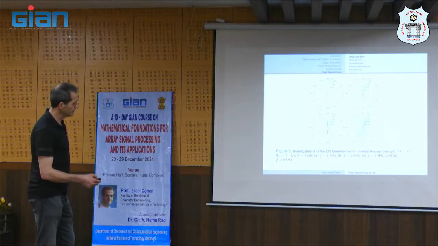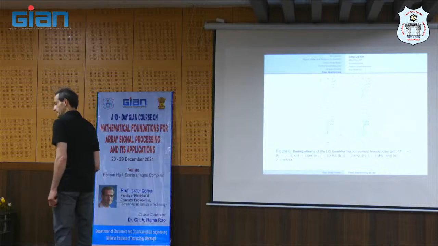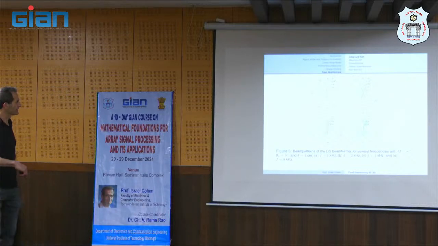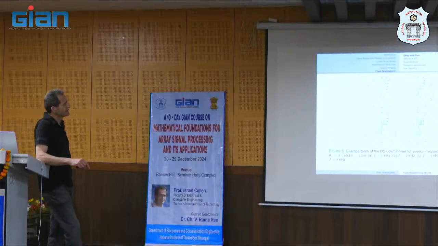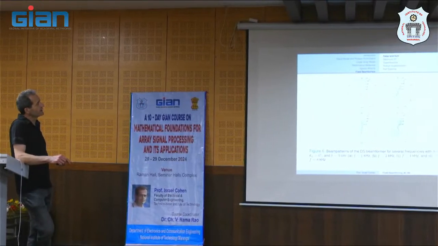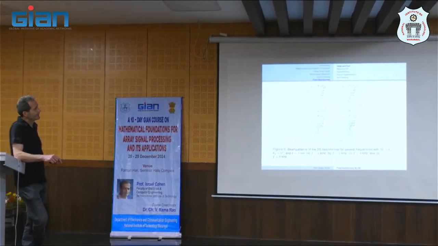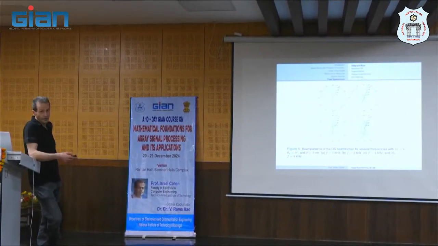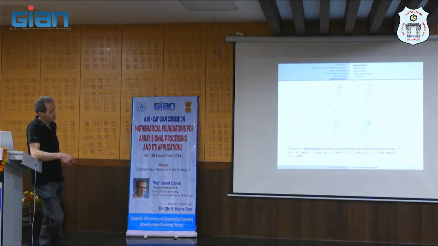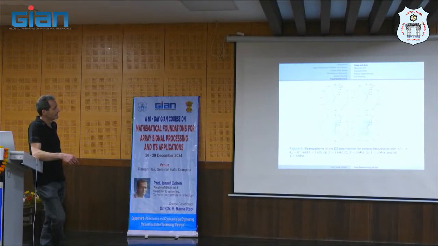If we continue, for the third case, when we have a source from the end fire and delta is 3 centimeters, you see 1 kilohertz, all the main beams are directed to the desired direction, of course. It's a delay and sum, so it's directed to the desired direction, theta d, 0. But here, for high frequencies, 8 kilohertz, we see aliasing.